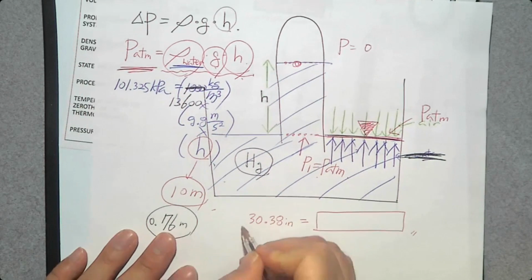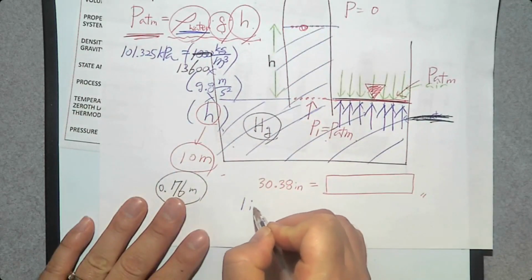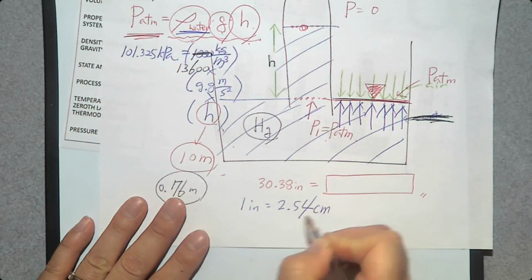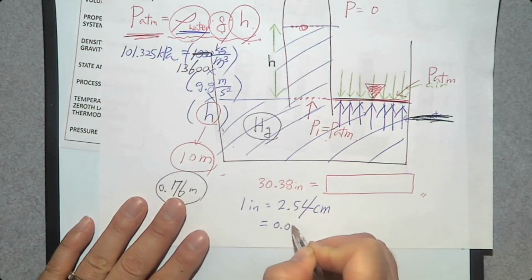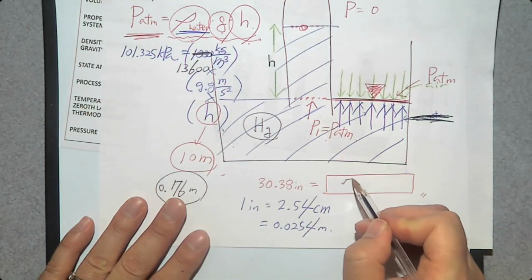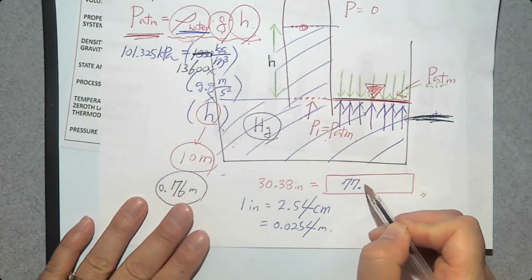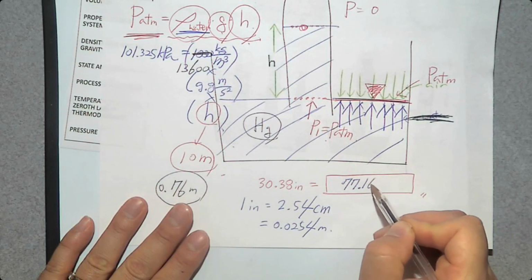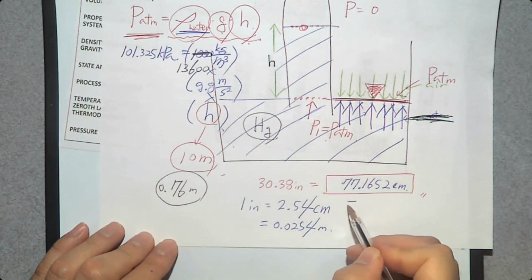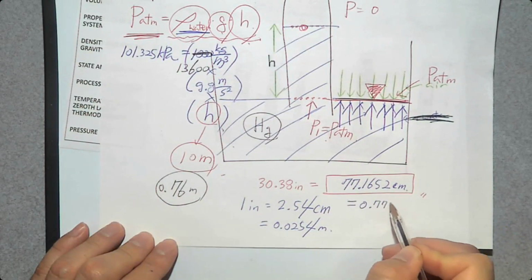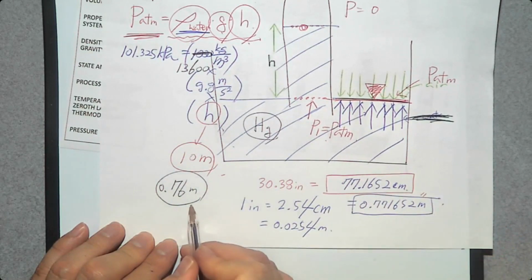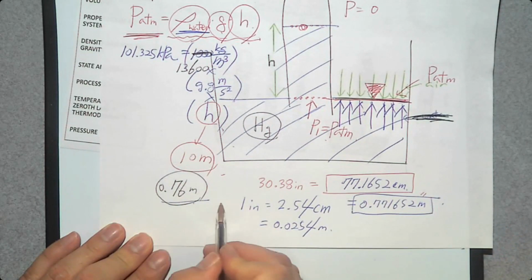Just for your information, 1 inch is 2.54 centimeters. In other words, 0.0254 meters. So if you convert, it's going to be 77.1652 centimeters, which is 0.771654 meters, which is slightly greater than 0.76.